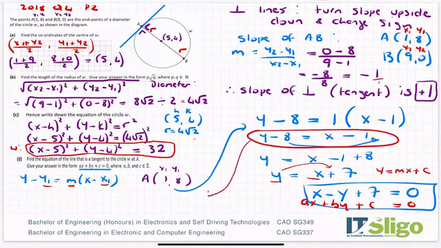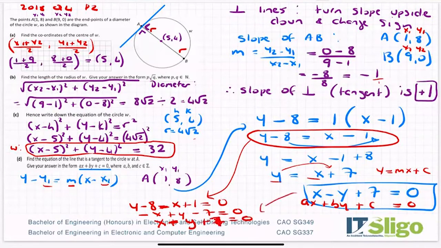If you wanted, you could have gone here, y minus 8 equal minus x plus 1 is equal to 0. So in other words, bring everything over to the left-hand side, okay? And then you would get your answer as minus x plus y minus 7 is equal to 0. And of course, you can change your answers all the way across to give you the same answer that I got here in blue.